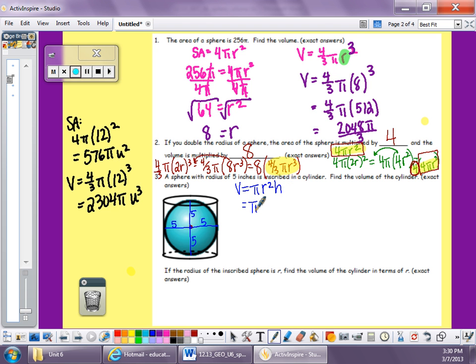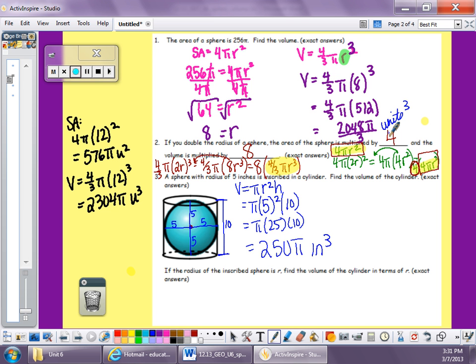So I do pi, my r value I've learned is 5 squared. And if I look at my height, it runs from here to here. And I know that it is 2 radii, so this is a height of 10. So this gives me pi times 25 times 10, which gives me 250 pi inches cubed. And this one should probably be unit cubed way back over here.